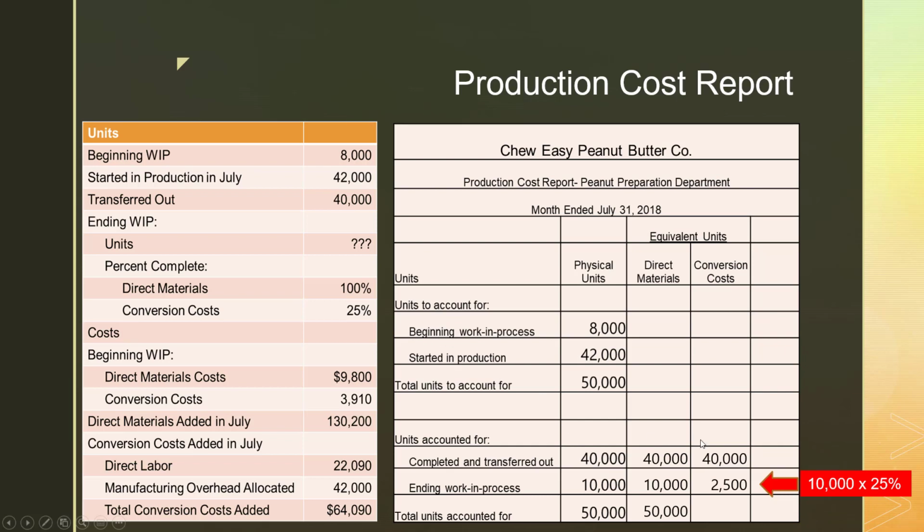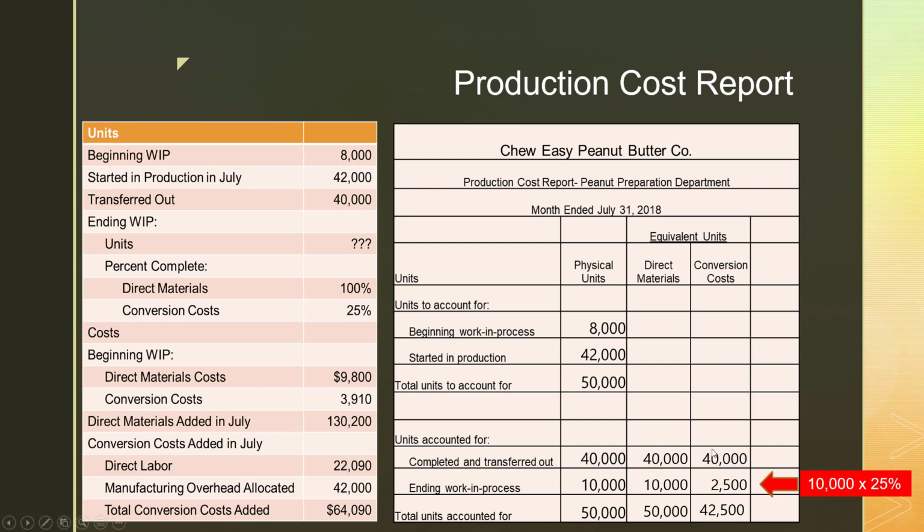Actually, let me take that back. To complete 10,000 units 25% of the way cost Chew Easy Peanut Butter Company the same amount of money as it would have cost them to complete 2,500 units the whole way through. So for equivalent units for conversion costs, we're going to come up with a total of 42,500.